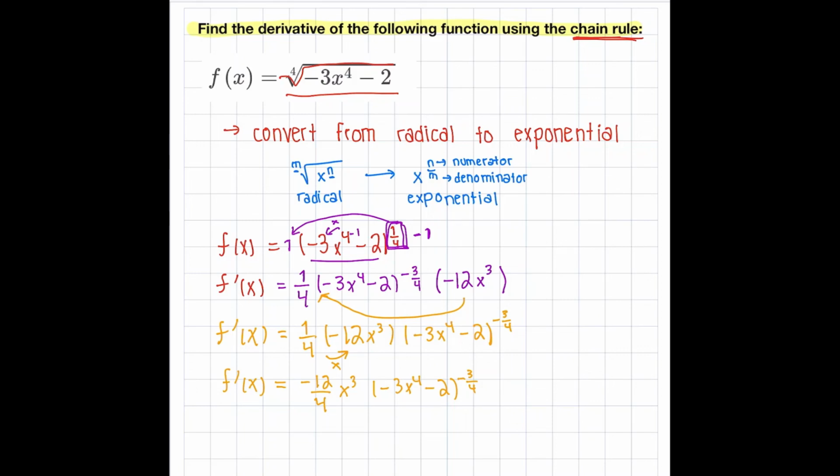So we can divide negative 12 over 4, which is going to be negative 3. So f prime of x equals negative 3x to the power of 3 times negative 3x to the power of 4 minus 2, all of this raised to the power of negative 3 over 4, and this would be your final answer.